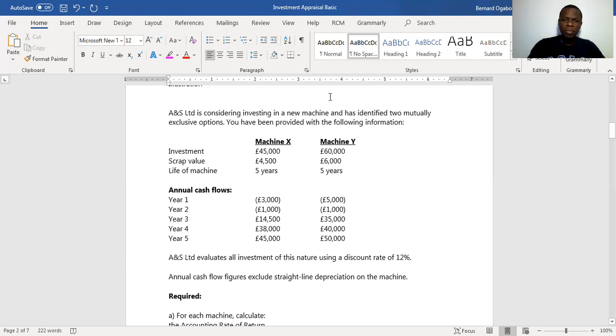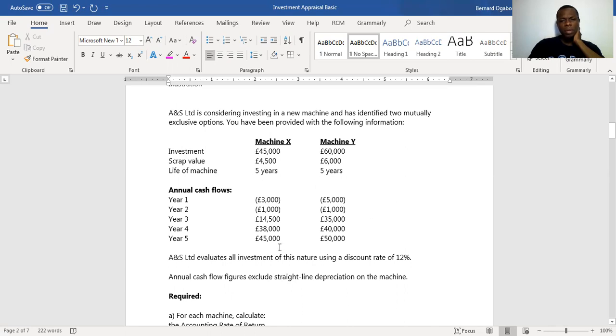So A&S Limited is considering investing in a new machine and has identified two mutually exclusive options. You've been provided with the following information: machine X and machine Y. Investment is 45 for machine X and 60 for machine Y. They have a scrap value, and the life of the machine is 5 years.